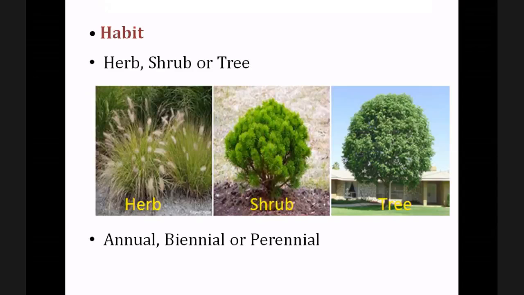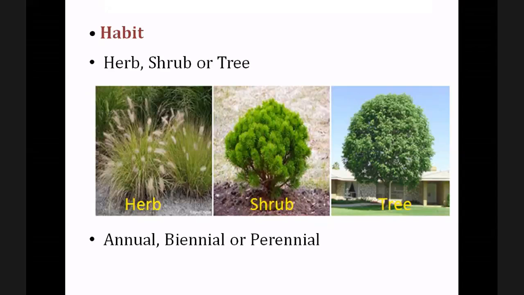The herbs do not have branches, but shrubs have branches at their base. The examples are the rose and the lemon shrub.